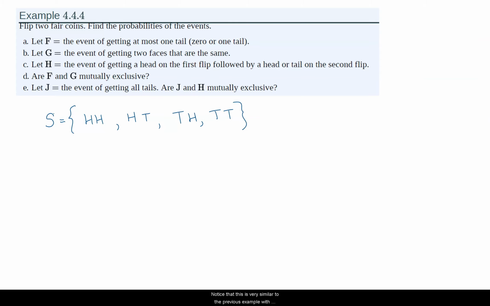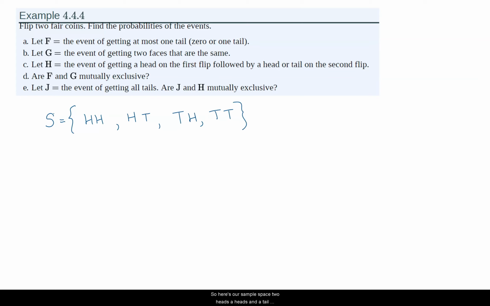Notice that this is very similar to the previous example with red cards and black cards. Red cards and black cards are equally likely, and we're pulling 2 of them with replacement. Here we have 2 fair coins that we're flipping, and one coin doesn't affect the other one. So again, we have these similar 4 outcomes as before.